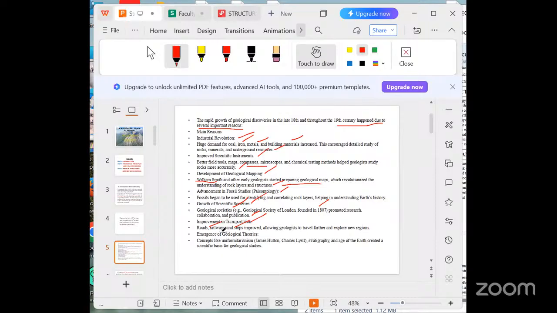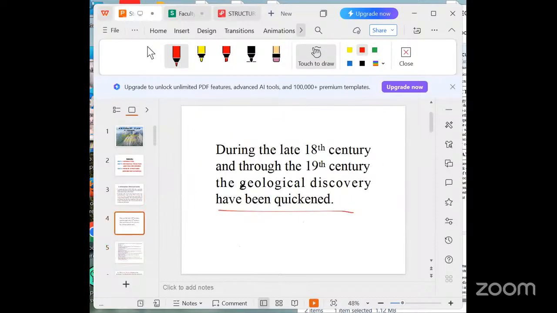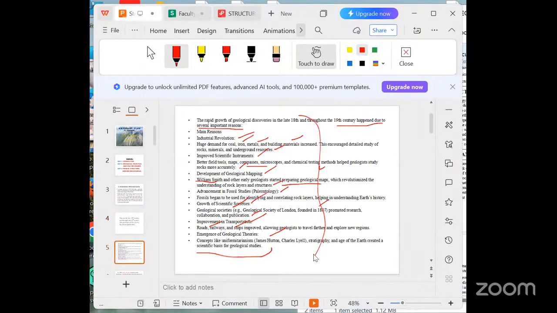The last one is concepts like uniformitarianism, a principle developed by James Hutton and Charles Lyell, and stratigraphy and the age of the earth created a scientific basis for geological studies. These are the main reasons why geological discovery quickened, right?